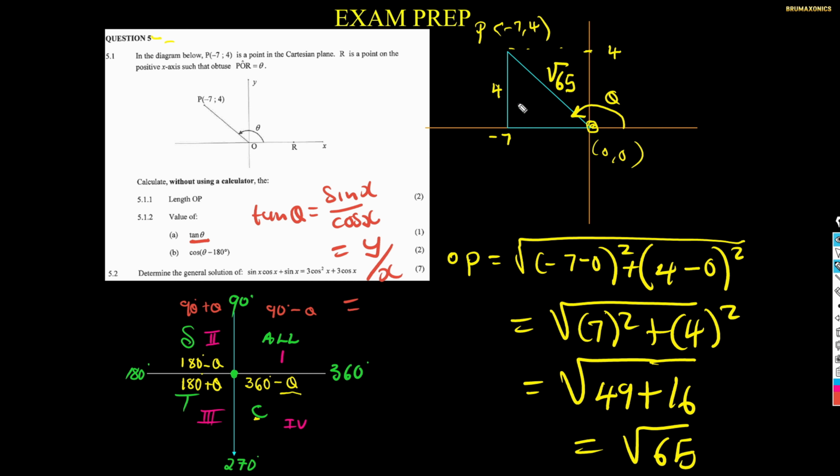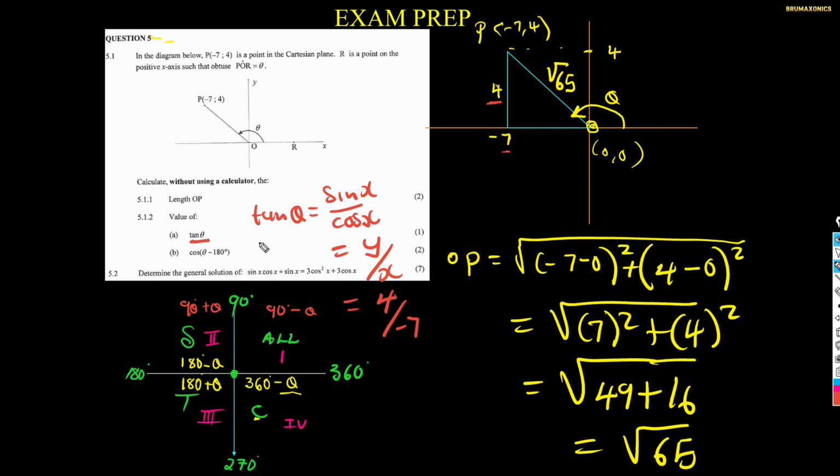The opposite side is 4, all over the adjacent, which is our x, negative 7, and that's our answer for this question.